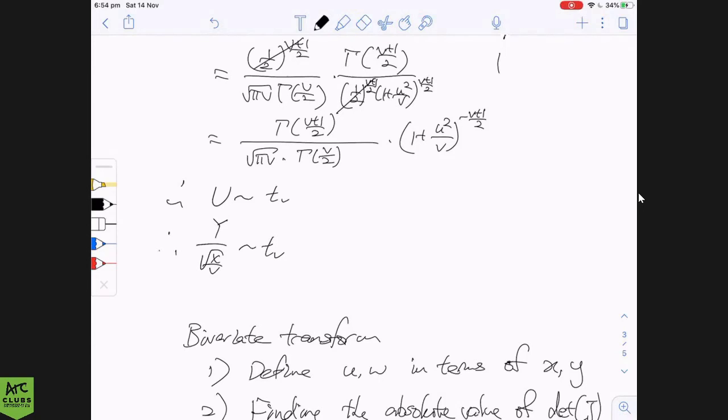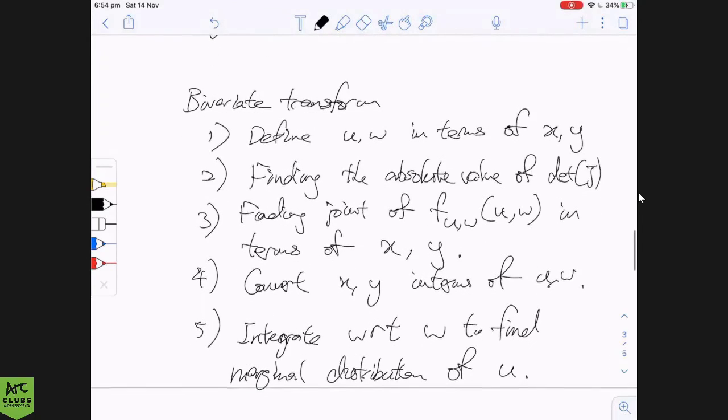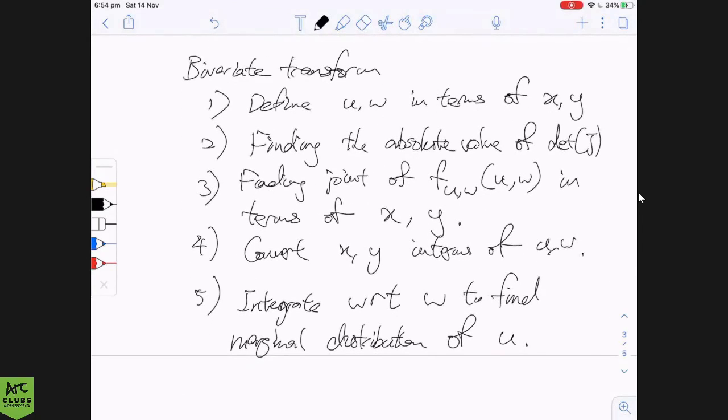So just to recap, bivariate transform just really has 5 steps that we need to follow. So first, we need to define u and w in terms of x and y. Then we want to find the absolute value of the determinant of the Jacobian.